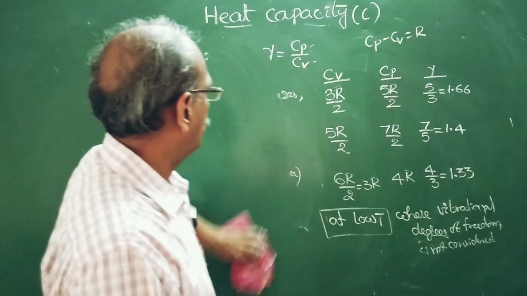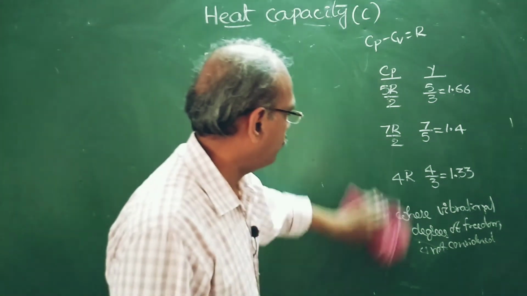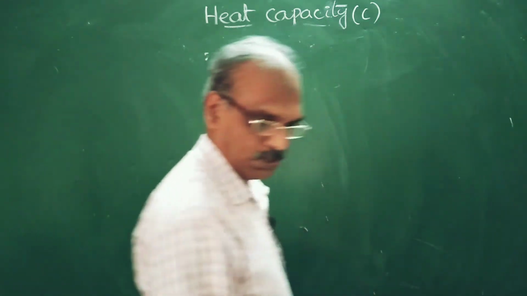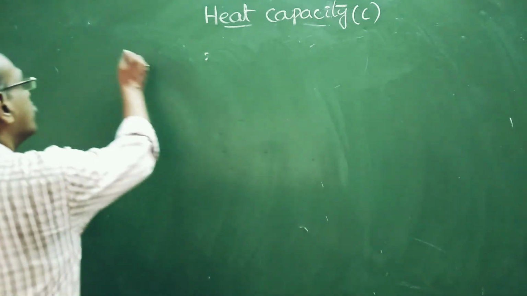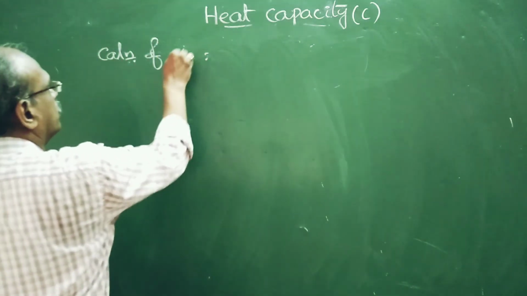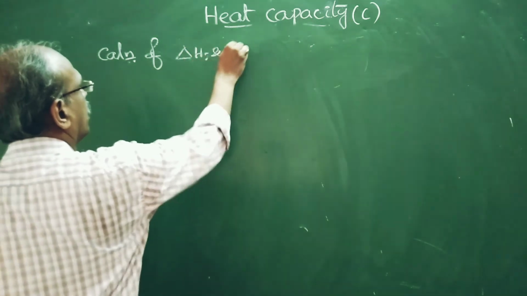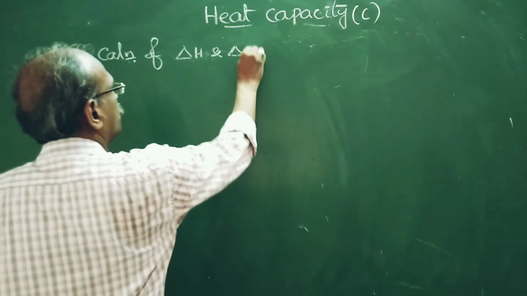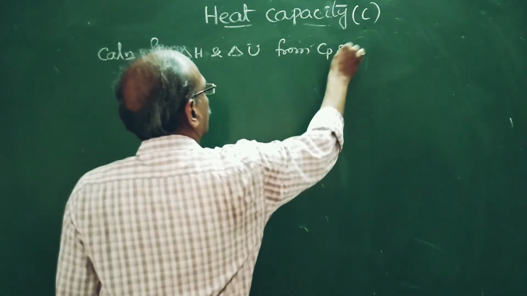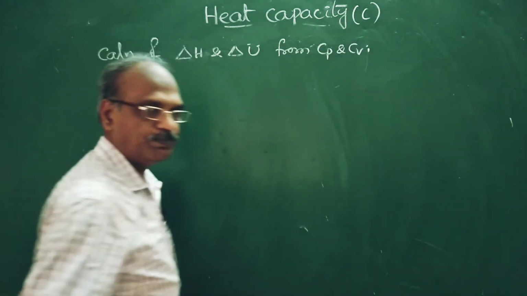Next, one more use of Cp and Cv values is the calculation of delta H and delta U from Cp and Cv.